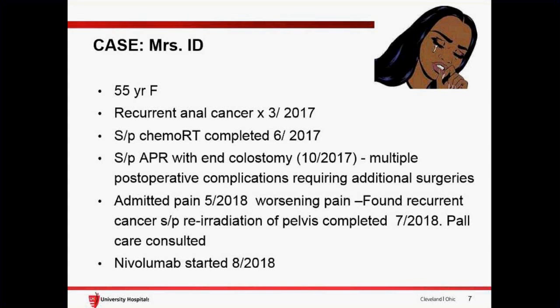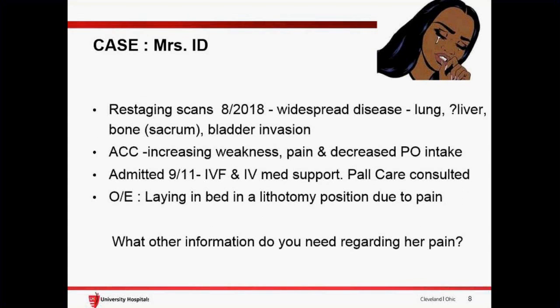And nivolumab was started in August. But the restaging scans soon after starting the nivolumab showed that she has widespread disease with mets to lung, liver, bone, and bladder invasion. This time she came with increasing weakness, pain, and decreased PO intake and was admitted in September, just this month, for IV fluid and IV med support, and palliative care was again consulted.